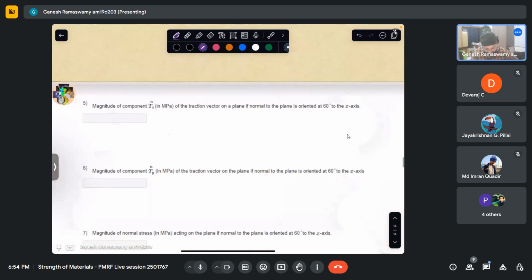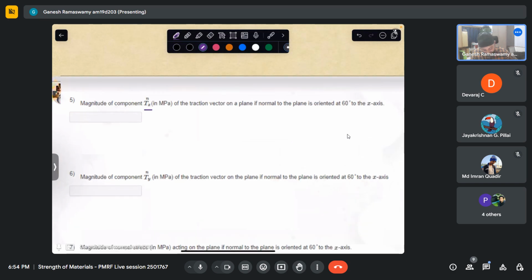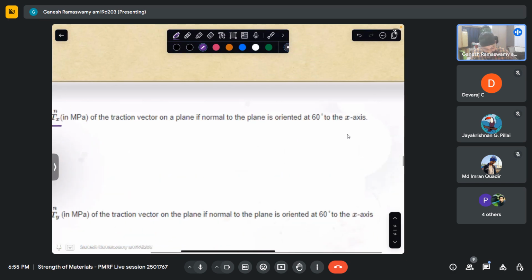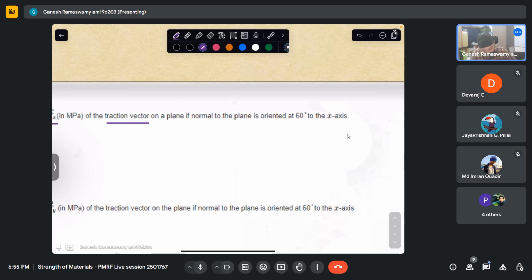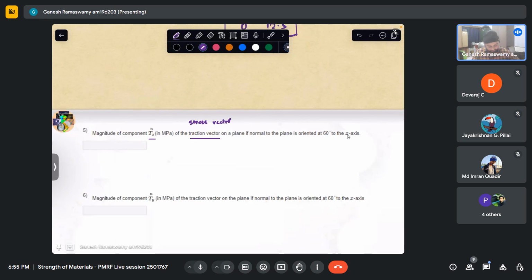Now the next question asks, magnitude of the component Txn in MPa of the traction vector. This is nothing but the stress vector on a plane if the normal to the plane is oriented at 60 degrees to the x-axis. So that is what was given.